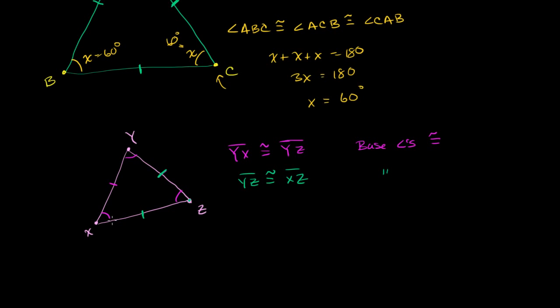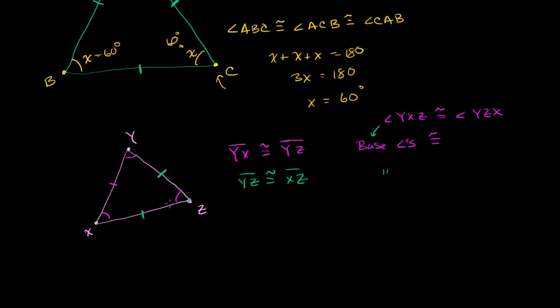In this first case, the base angles were this angle and that angle. In the second case, the base angles are that angle and that angle. And actually, let me write it down. The base angles in this first case are angle YXZ, which is congruent to angle YZX.